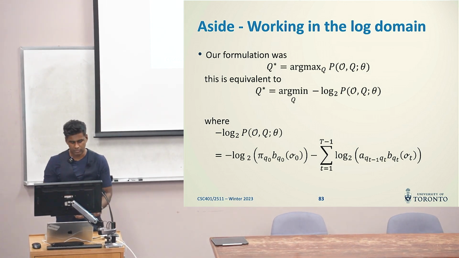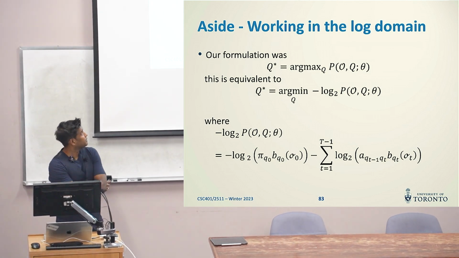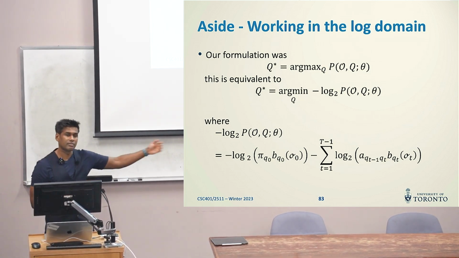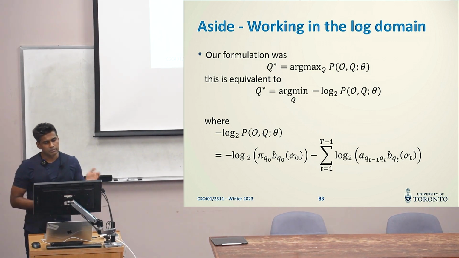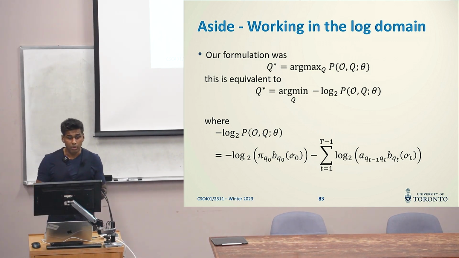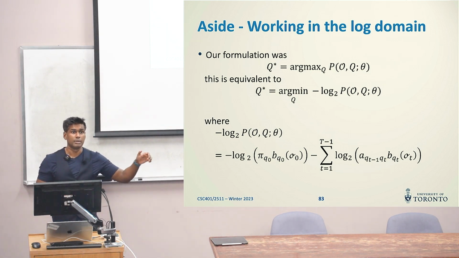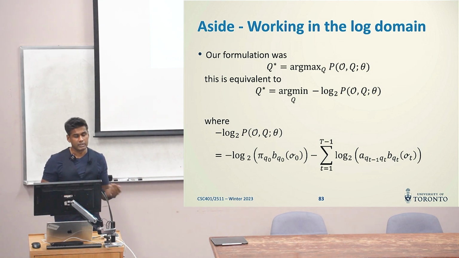If our objective is to maximize observation likelihood, or maximizing Q star, that is the same as minimizing the negative log of that probability. And by converting into log, we give it more numeric stability, plus also computational efficiency, because if you remember, in the log domain, we're converting the multiplications into summations. So it's computationally cheaper.